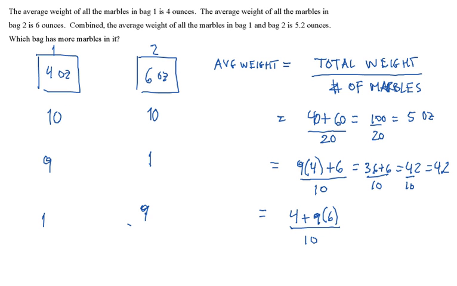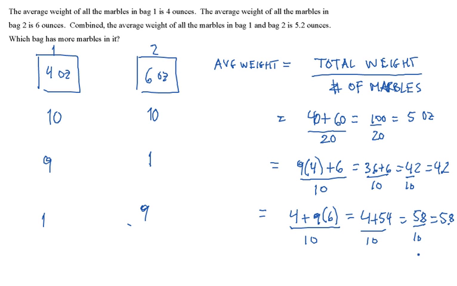And there's 9 marbles in bag 2, each with an average weight of 6 ounces, so a total weight of 9 times 6, which in this case becomes 4 plus 54 divided by 10, or 58 divided by 10, or 5.8 ounces.